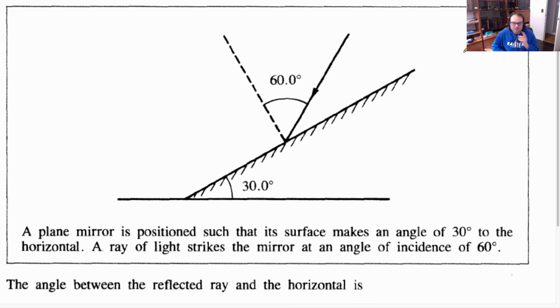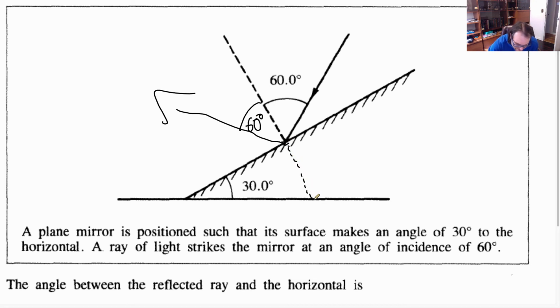So this one here is a very interesting question. So here we're going to have light coming in at an angle of 60 degrees and it's reflected off this mirror here. And it goes like that. Now we know from reflection this has to be 60 degrees. Okay? Now we look at my normal, it goes down like this.